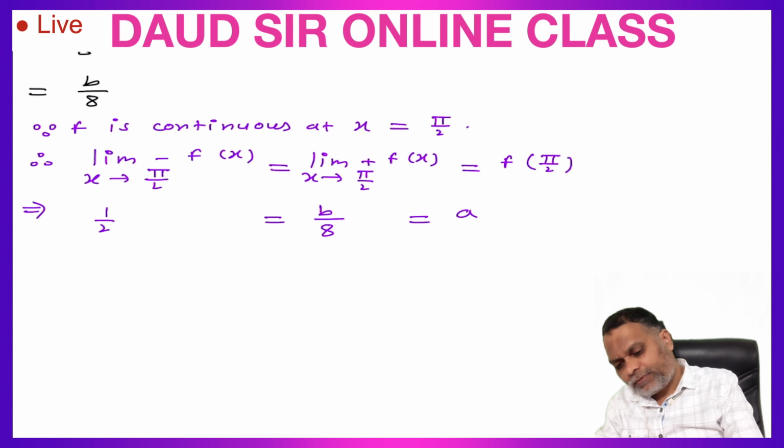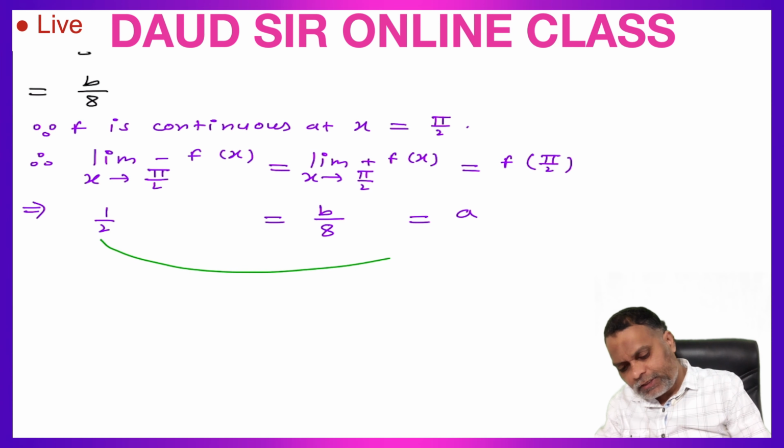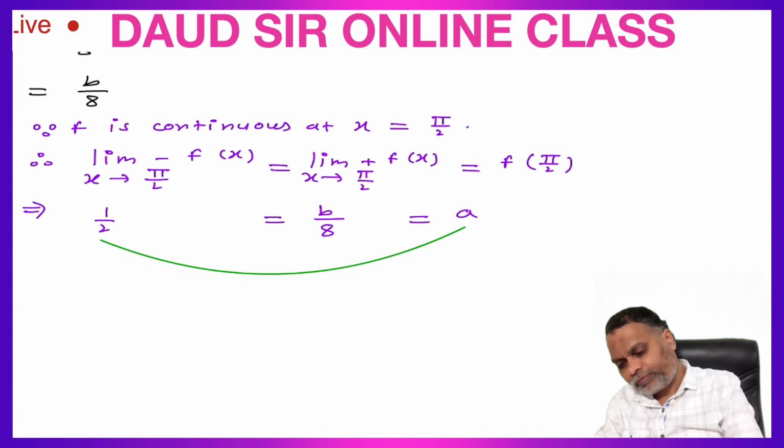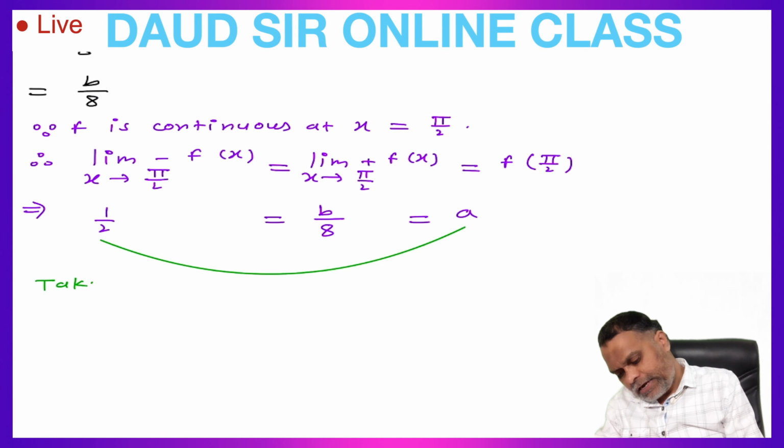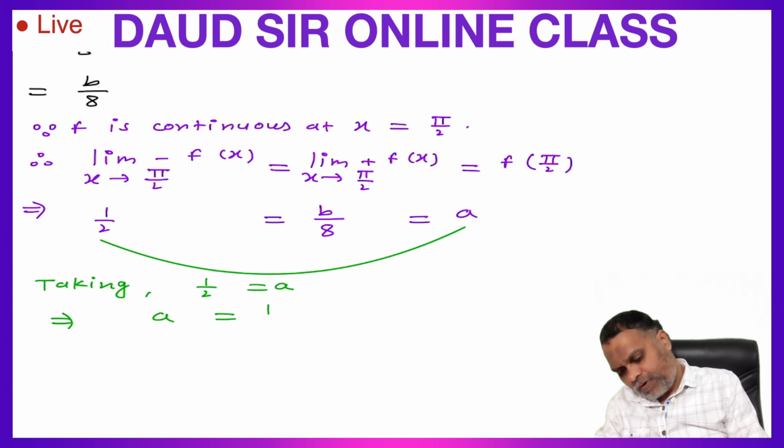Take two parts. Taking 1 upon 2 is equal to a, so a is equal to 1 upon 2.